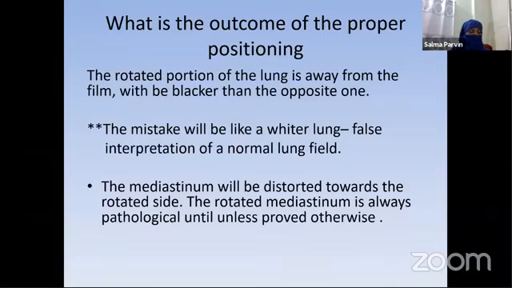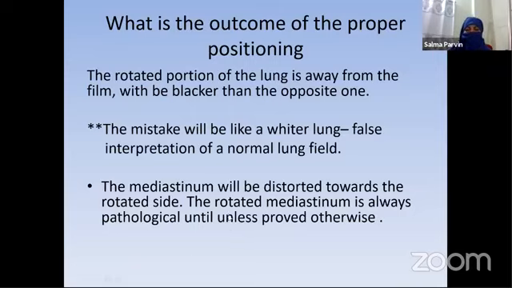It means even though the patient is normal, even though the film is taken with all optimum precaution, this rotation of the patient will produce a mistaken interpretation of the lung fields, that this whitish lung may have some consolidation we cannot explain. That will be a mistake first for the beginners who are not radiologists.